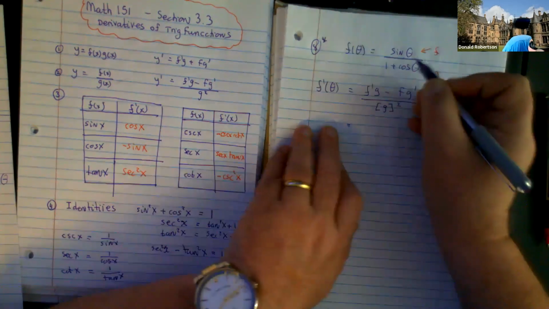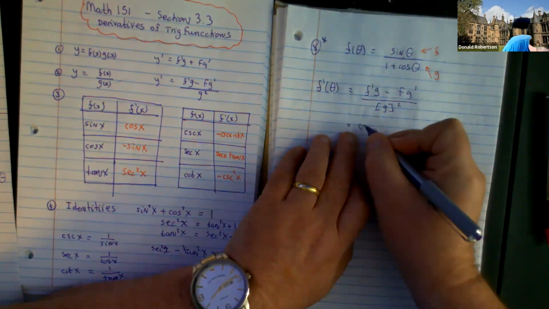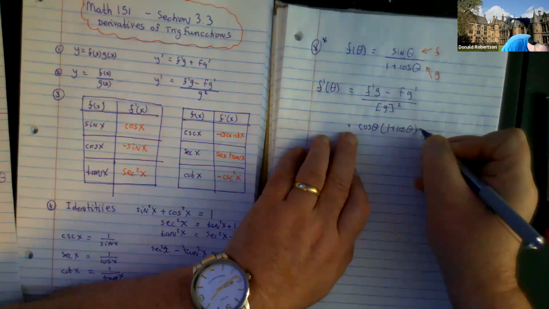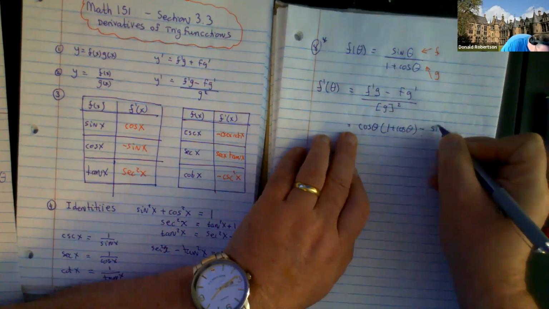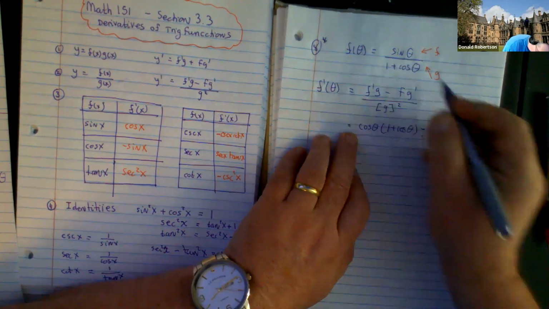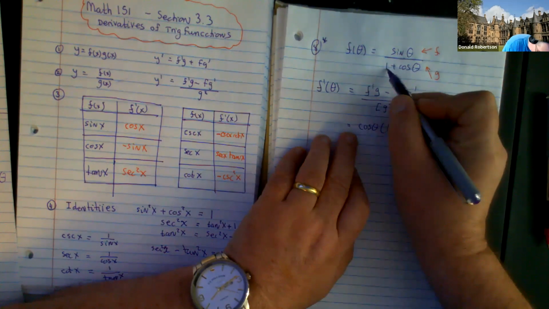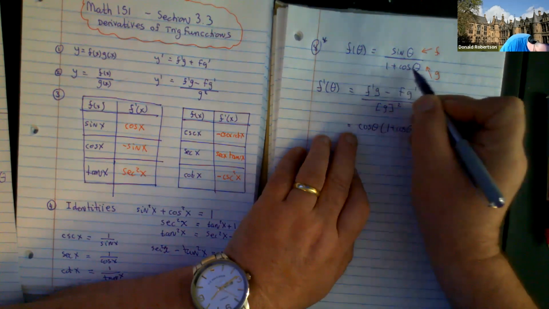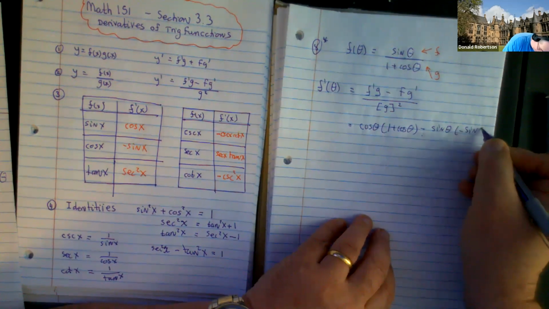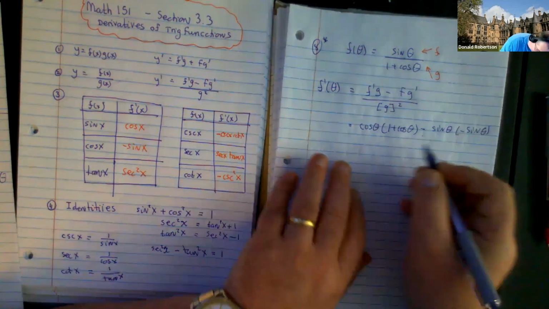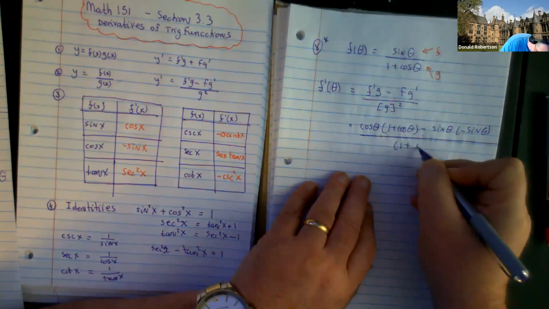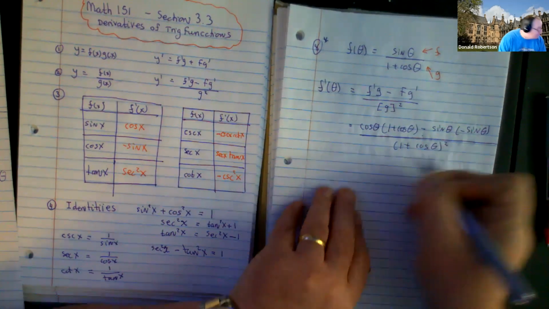Right, differentiate sine, you get a cosine. Leave the other guy alone. Minus, leave the first one alone. Differentiate the bottom. Well, if you differentiate 1, you get nothing. If you differentiate a cosine, you get a negative sine. And then you do 1 plus cosine theta squared, which is fine.